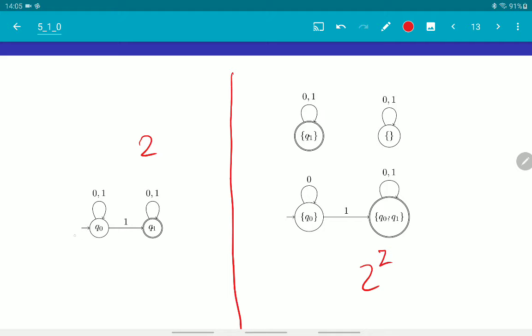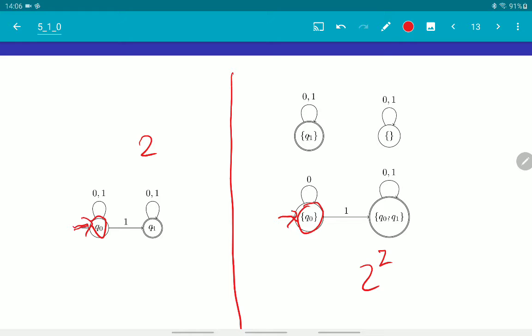Now, initially, the start configuration is the one where we are only in the start state, because there are no epsilon transitions. So this is the start state, right? And now we just need to see what happens. If we are in Q0 and we get 0, then we can stay in Q0.